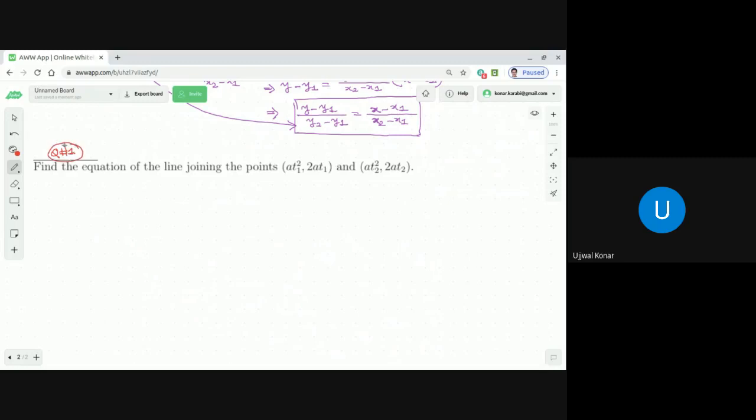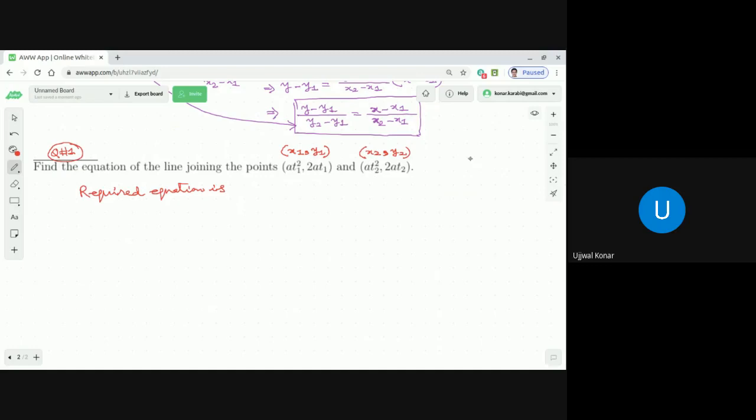So now the required equation of that straight line is... as you start doing this kind of problem, you can assume that at1 square, 2at1 is like x1 comma y1 and at2 square, 2at2 is like x2 comma y2. This is the way you can remember.